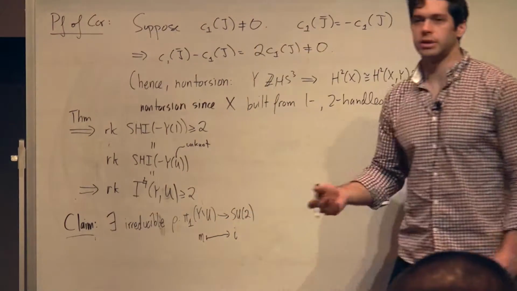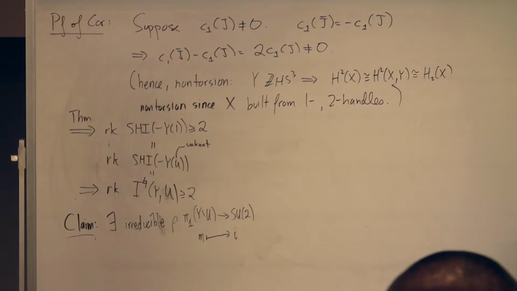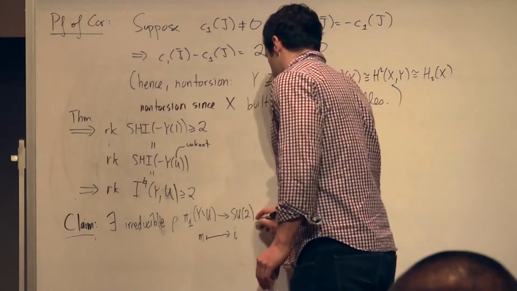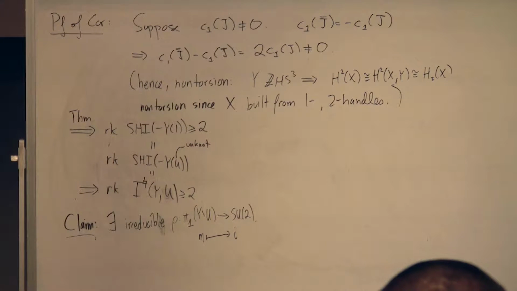SU2 you can think of as the unit quaternions, right? So I claim that there is an irreducible homomorphism sending the meridian to i. There are always homomorphisms sending the meridian to i. The claim is that there is an irreducible one.